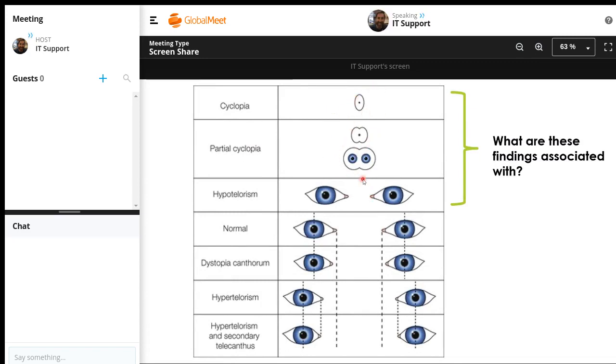Possible cyclopia, that's when it looks like there's going to be two eyes, but they're connected, and then hypotelorism, so they're too close. We were talking about this already, so holoprosencephaly is associated with those eyes that are too close, and eventually even just connected or just one.